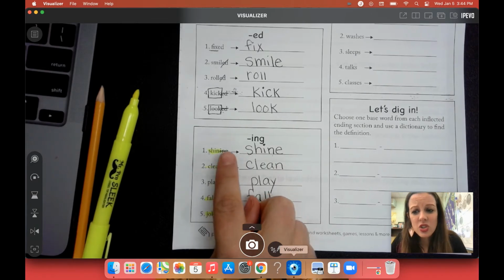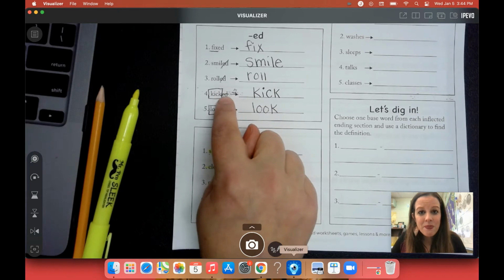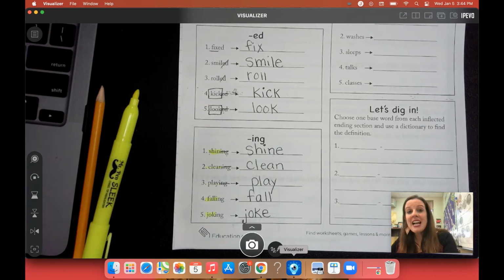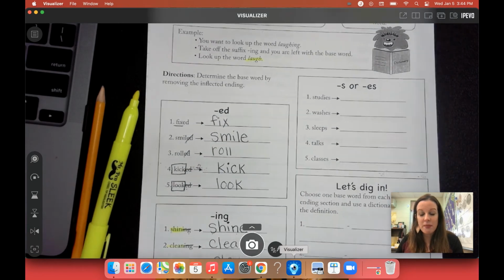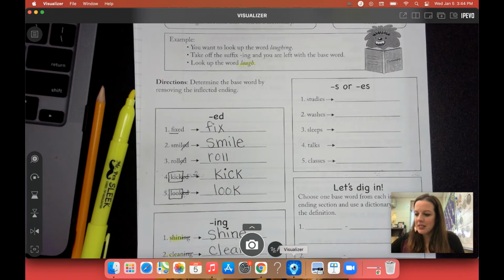It's much easier to search for the word kick than it is kicked or kicking. By removing the endings, the suffixes, or the prefixes at the beginning, and just searching for base words, you'll have an easier time searching for the meanings of words in a dictionary. And I'll show you how in a minute.